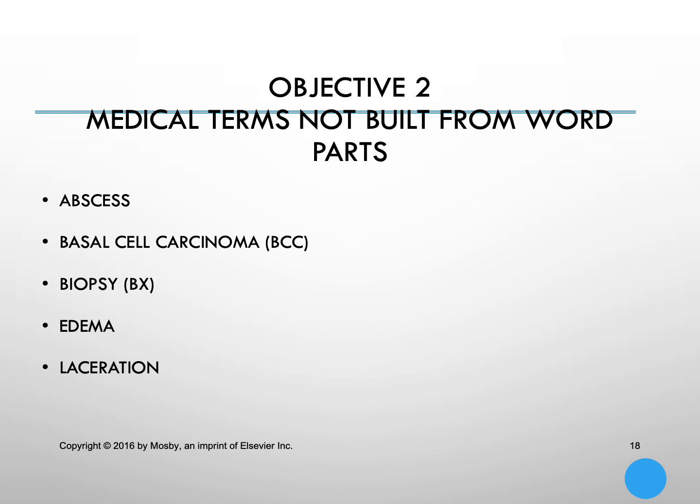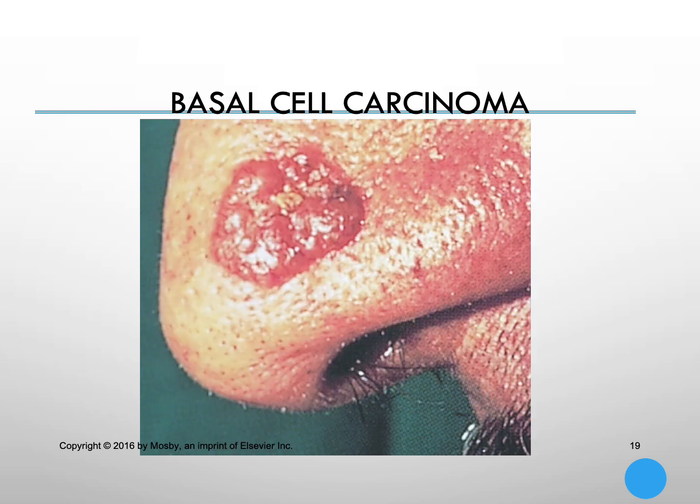A laceration is a cut on the skin. Typically, it could be in an organ as well, like a lacerated liver. And then we have the term lesion. And lesion is any visible change in tissue resulting from injury or disease.